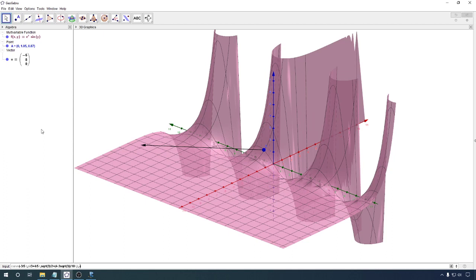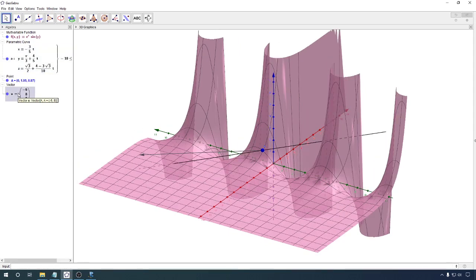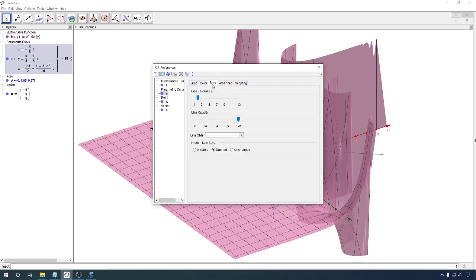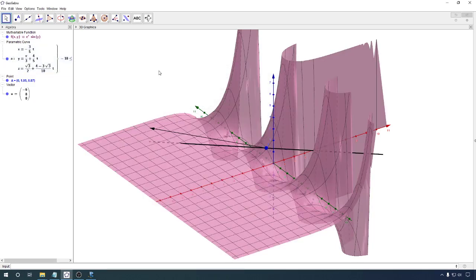And the variable's t, and I just like to use -10 to 10. And so we have this line. Maybe I'll make that darker. Make it stand out a little bit better.